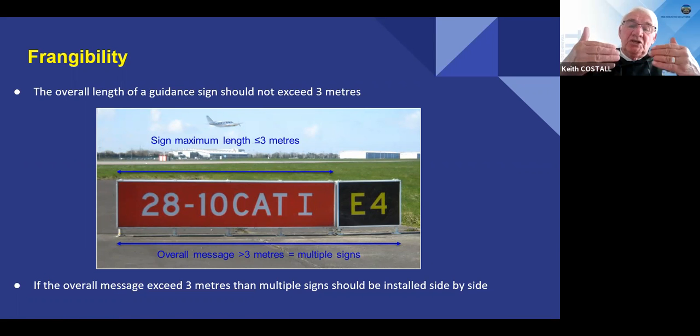Hence that consideration about no longer installing them perpendicular, maybe we should be angling them to deflect some of that wind shear or deflect some of that jet blast. But the jury is out on that subject at this moment of time, let me say. The jury is out.